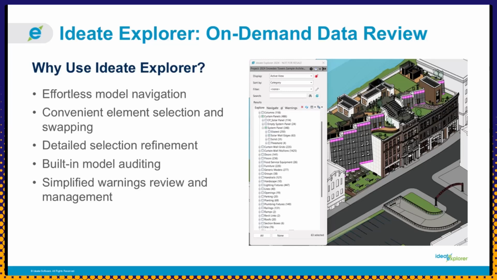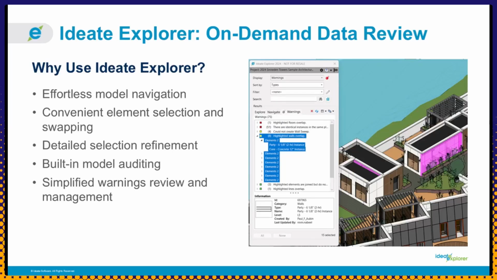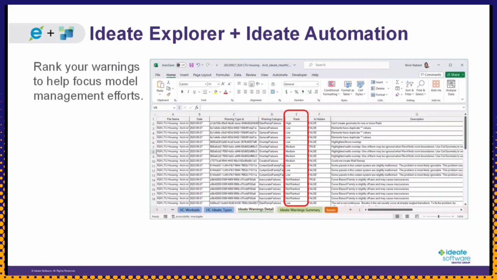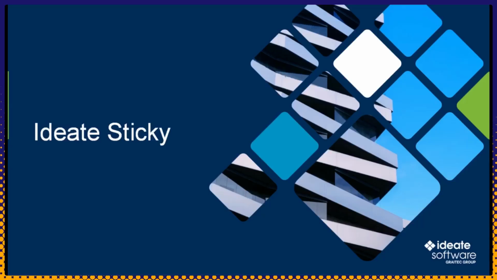It allows you to easily understand your model and make powerful edits by swapping components, updating information, auditing elements, and reviewing Revit warnings. Ideate Automation can be paired with Ideate Explorer to automatically export Revit model warnings, streamlining the process and saving time.